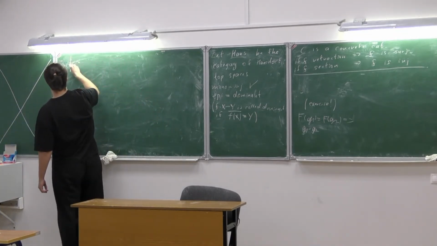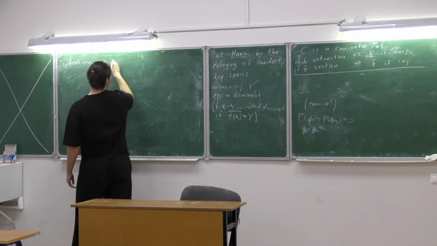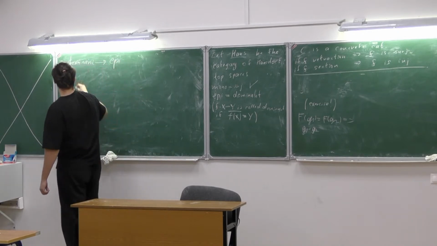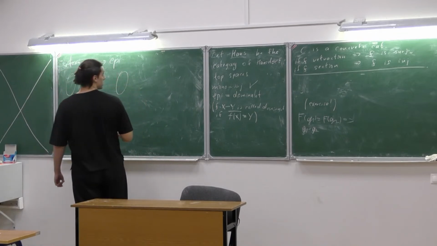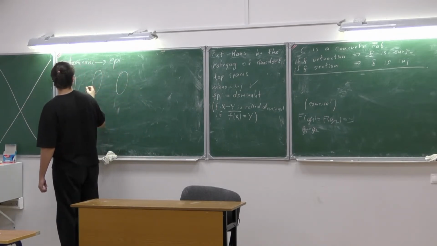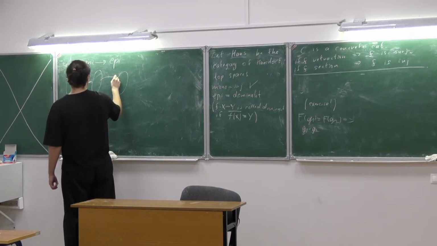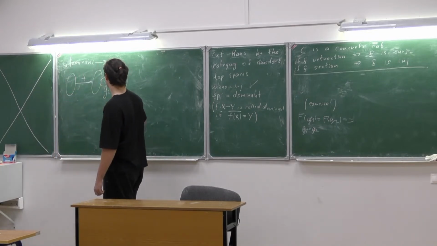I want to go from dominant to epimorphism. Let's take 3 topological spaces, Hausdorff topological spaces. Let my dominant map be F. Here we have 2 different maps, G1 and G2.